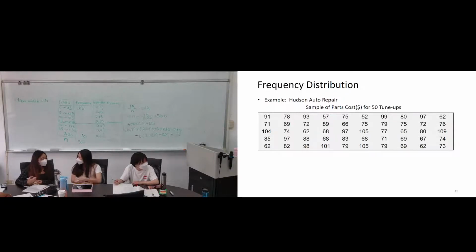No. So 52 is the minimum value. Let's find the maximum. 109. You have found it, which is here. 109.